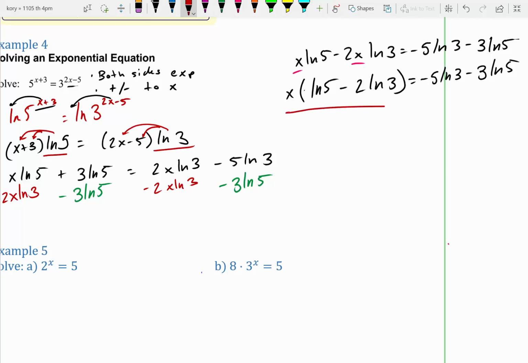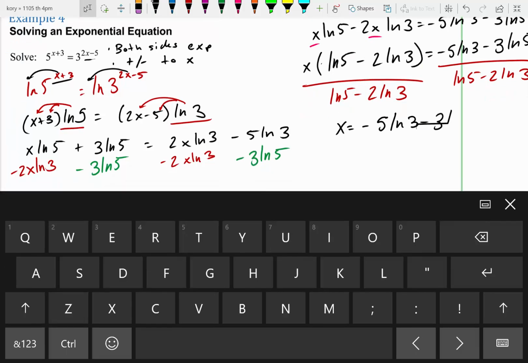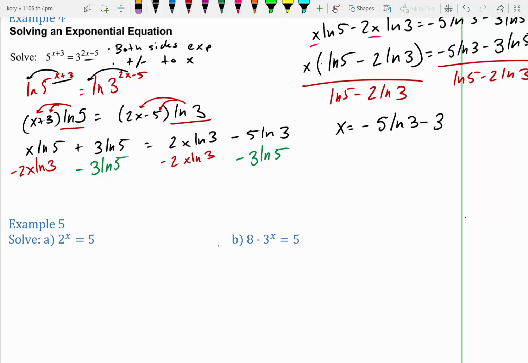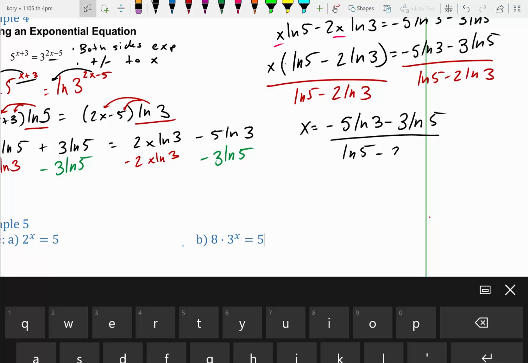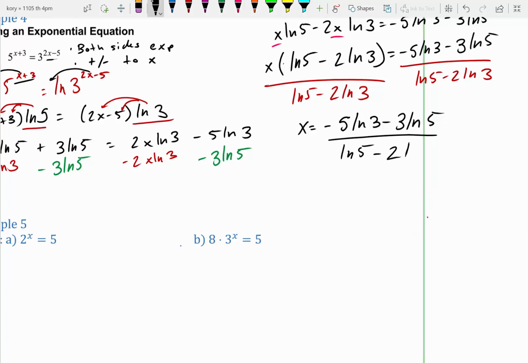So we divide by ln 5 minus 2 ln 3. And when we do that, we have x equals negative 5 ln 3 minus 3 ln 5, all over ln 5 minus 2 ln 3.